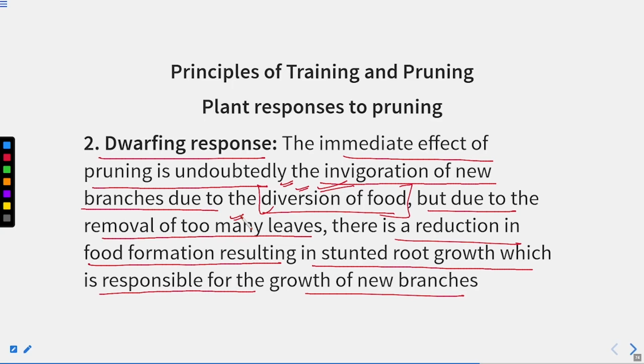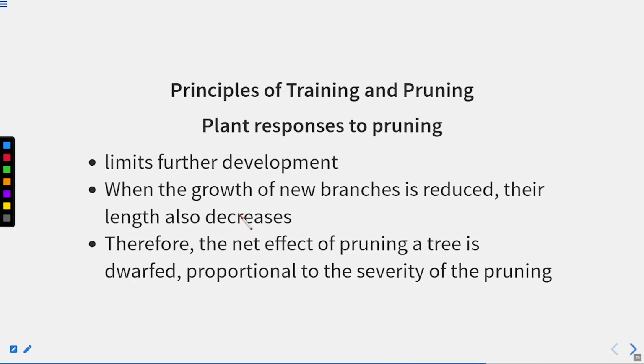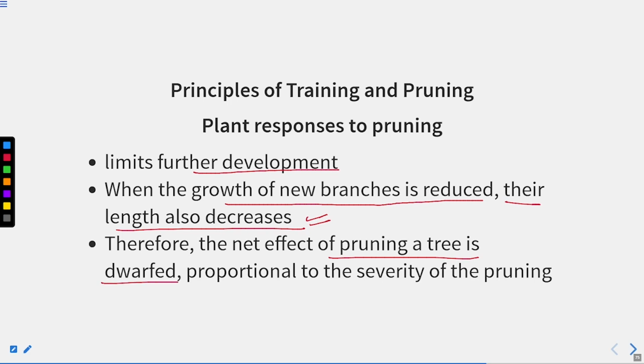So if the proper root growth is there, then only there will be the proper growth of the branches in the shoot. So that is very, very important. Limit further development. When the growth of the new branches is reduced, their length also decreases. Therefore, the net effect of pruning a tree is dwarfing, proportional to the severity of the pruning.